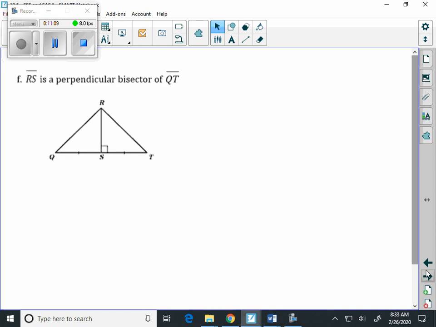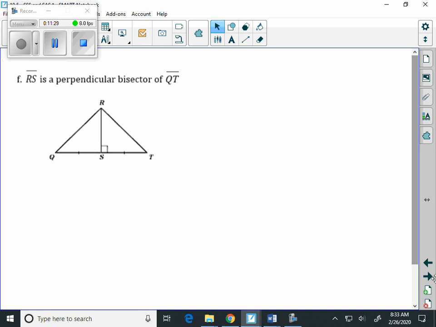Letter F. RS is a perpendicular bisector of QT. And unfortunately, I've got a little bit more information marked on this triangle than I would have liked. But perpendicular bisector, the first word I'm looking at is the word bisector.